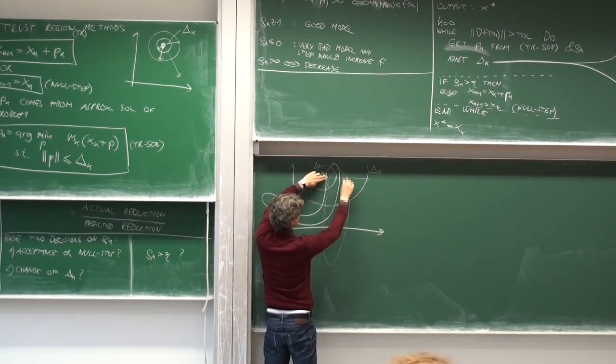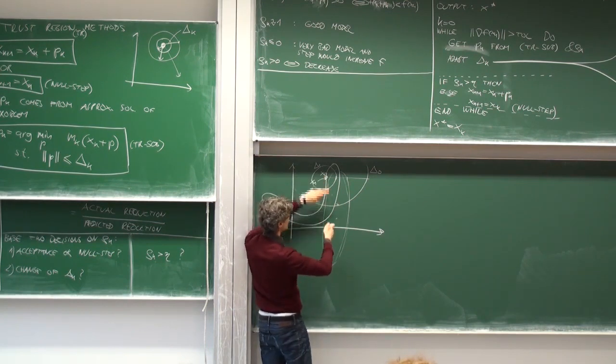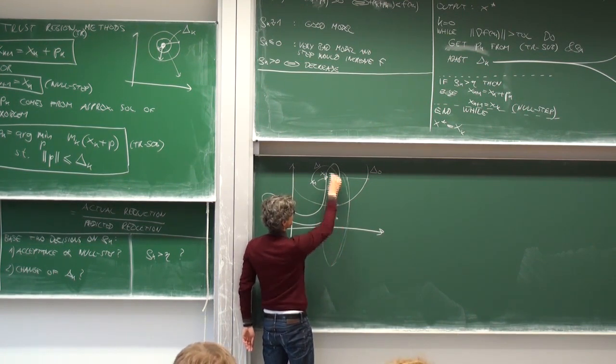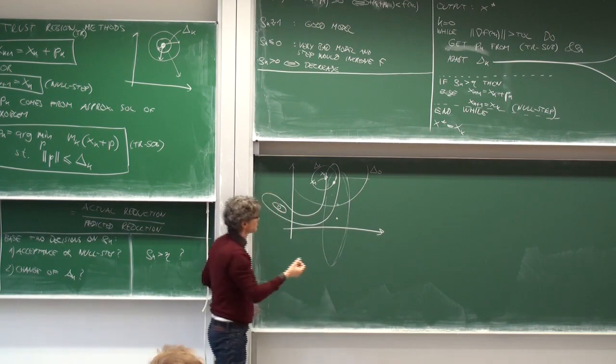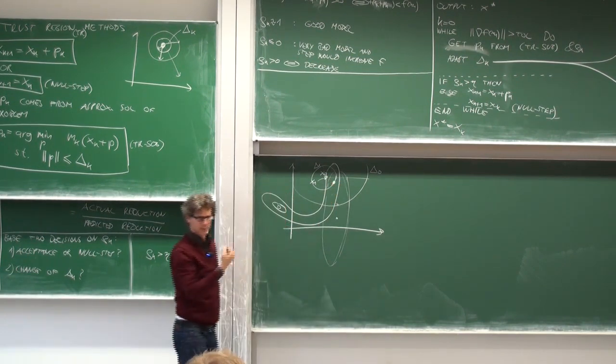So this model, elliptic curves are level lines of quadratic models. And so it will have these curves. This would be the unconstrained minimum, but inside the circle, the minimum will be somewhere here. Yeah? And you see now probably this will be at least descent. And probably this is a step that we would accept. Yeah?